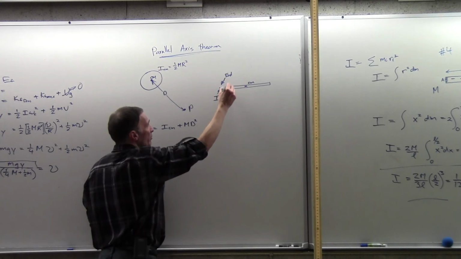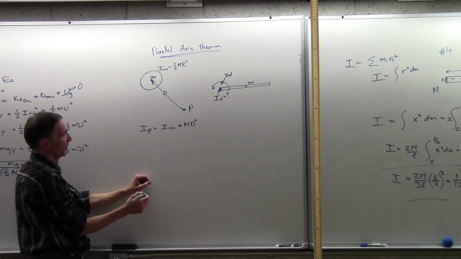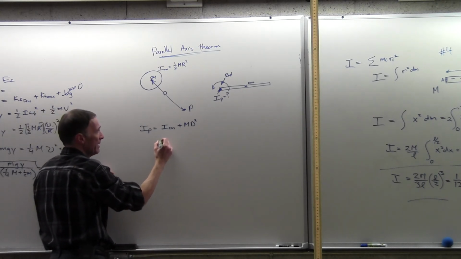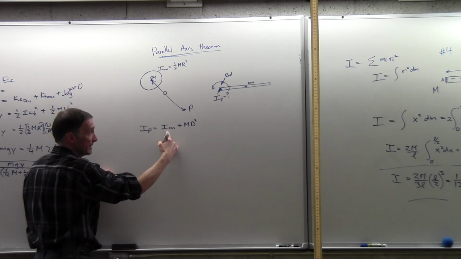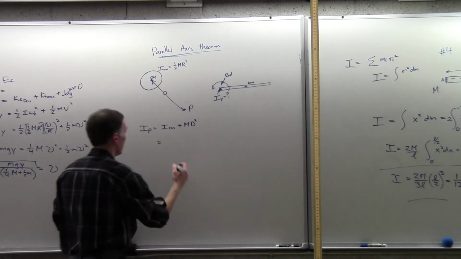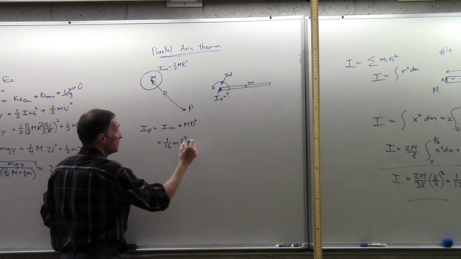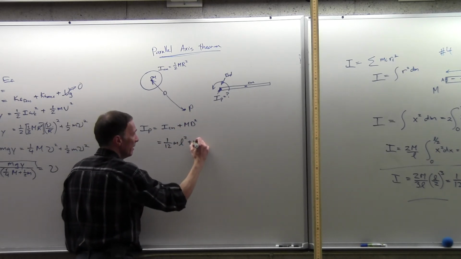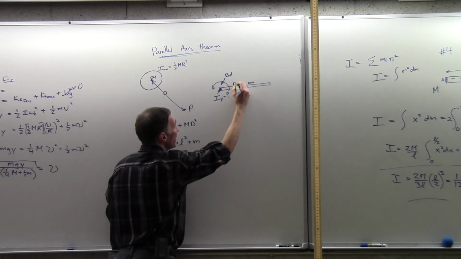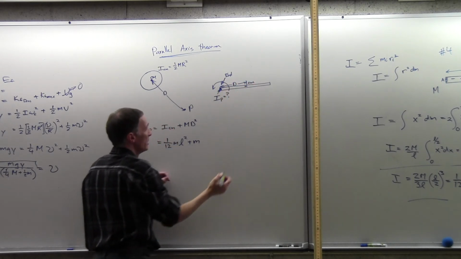So again, we're rotating around the end of the thing rather than around the center. Well, we can use the parallel axis theorem for that. As long as you know the I about the center, and it has to be the I about the center, and I know that this is 1/12 ml squared, plus the mass of this whole stick times d. And d would represent the distance from the center to the new point of rotation.